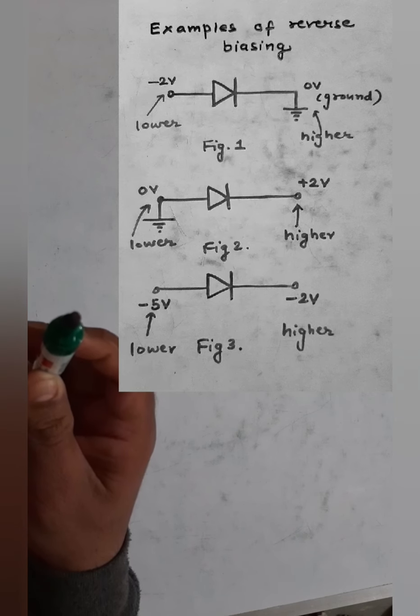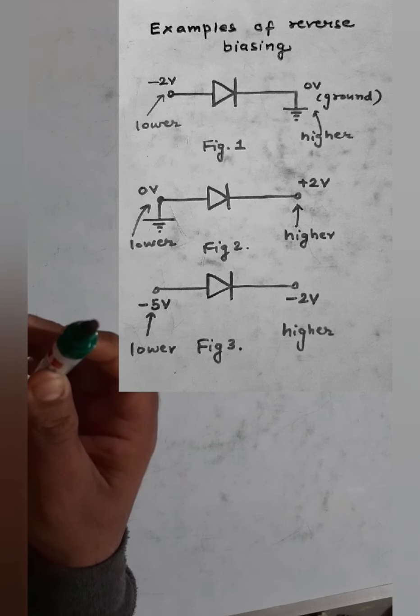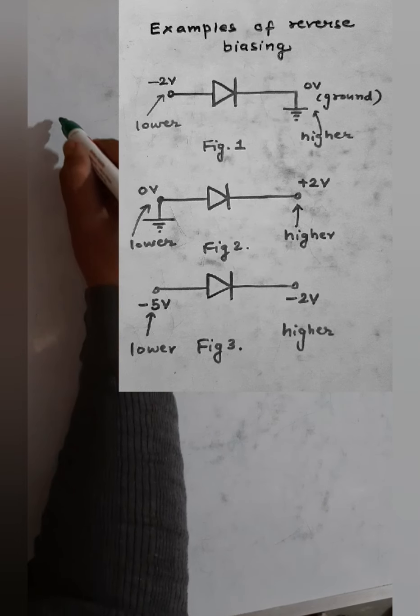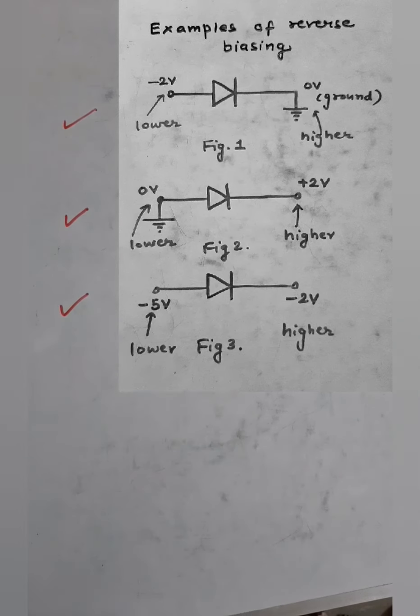So again the N side is connected to higher potential, because -2, although it is negative, when compared to -5 volt, you can say is higher potential. So you can see that all three diagrams represent the reverse biasing configuration of the diode.